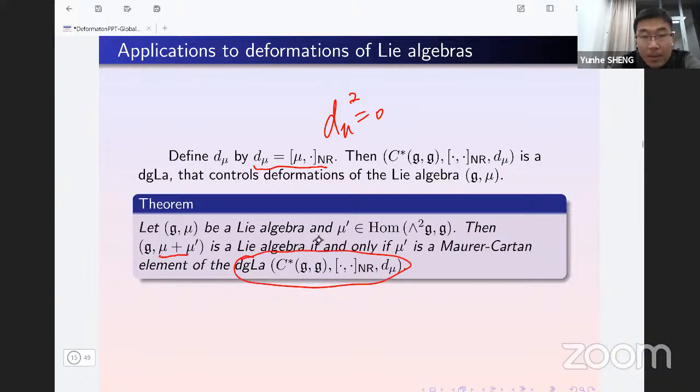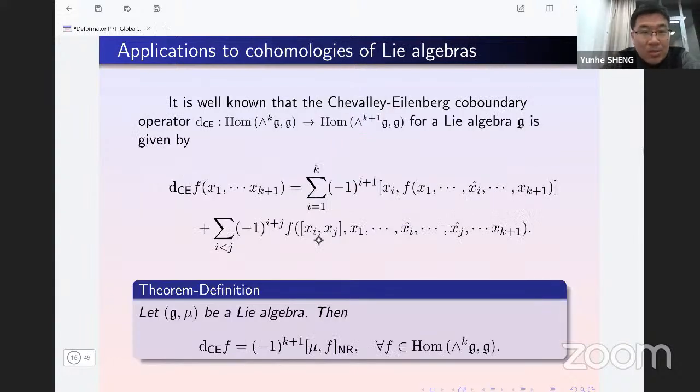Okay. And then we can use the controlling algebra to study the cohomologies of the algebras. It is well known that the Chevalley-Eilenberg coboundary operator d CE for the algebra G is given by the following formula.